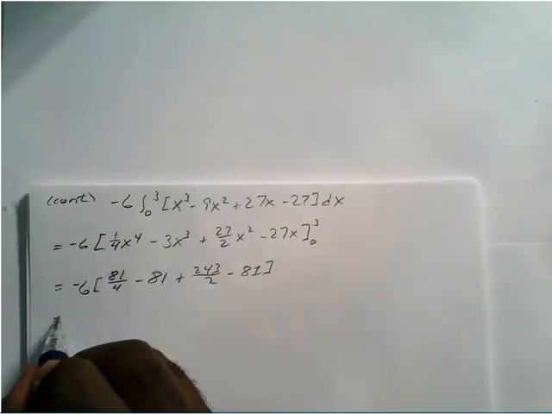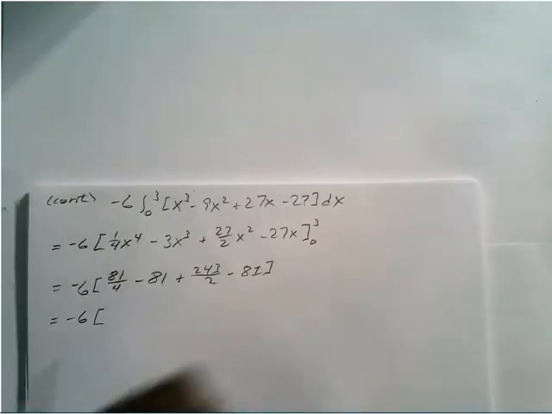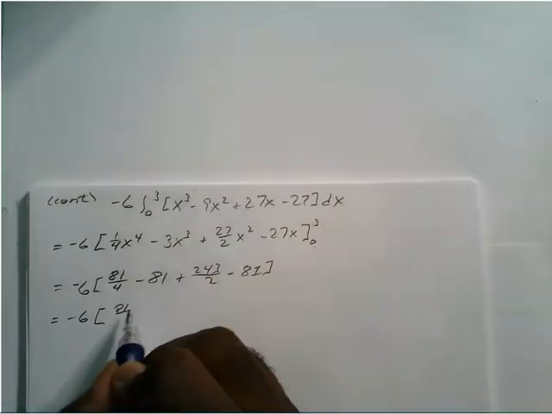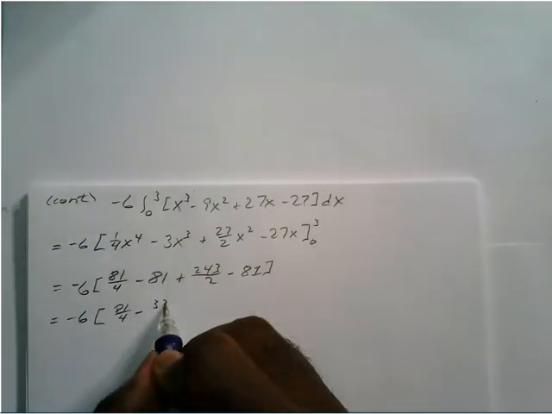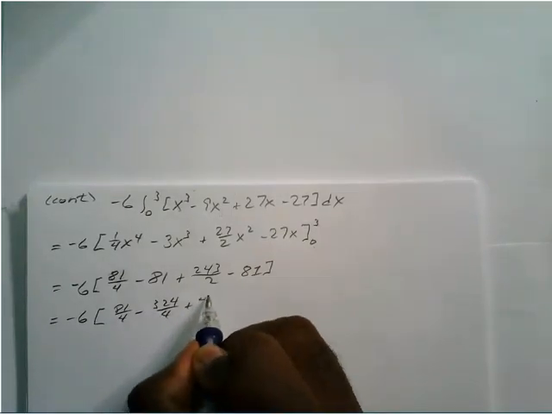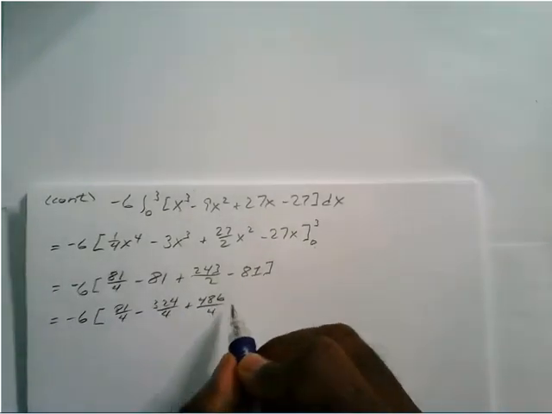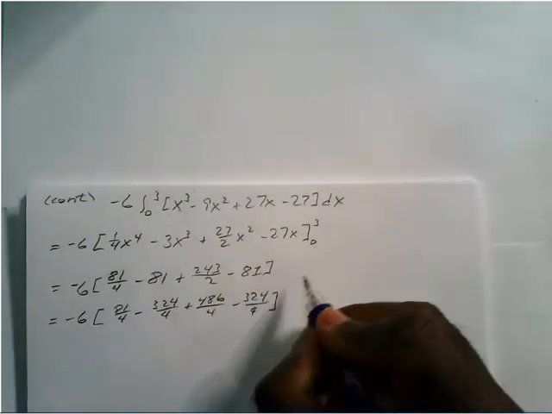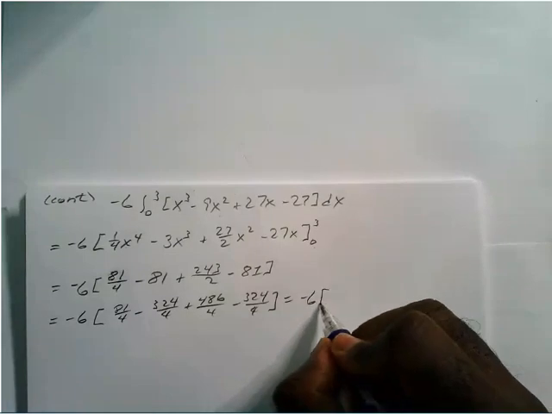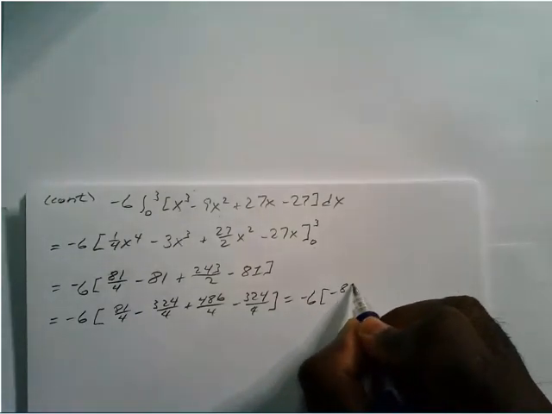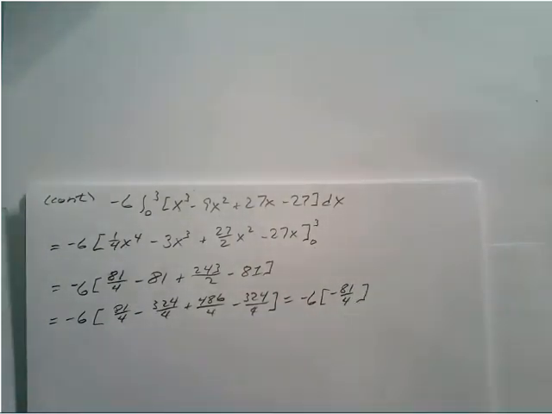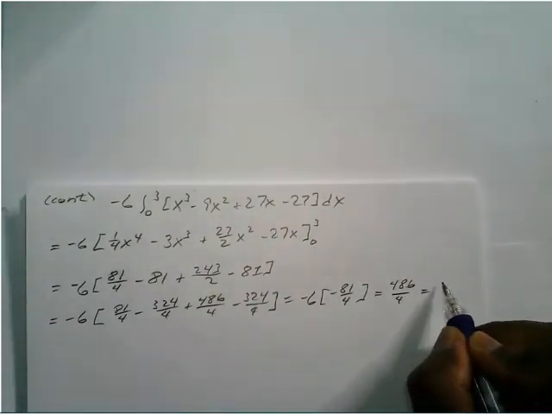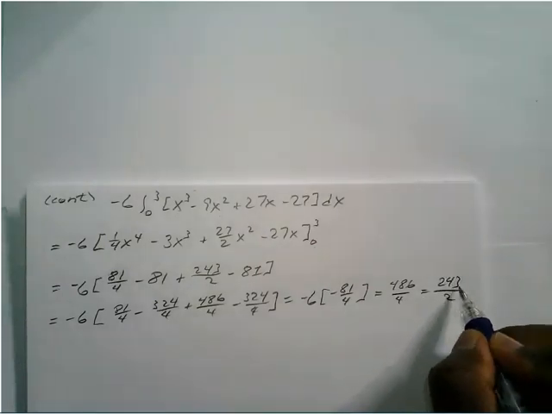All right, so kind of just adding and subtracting fractions from here on out. So we have 81 over 4 minus 324 over 4 plus 486 over 4 minus 324 over 4, which is equal to negative 6 times negative 81 over 4, which is 486 over 4, which simplifies to 243 over 2.